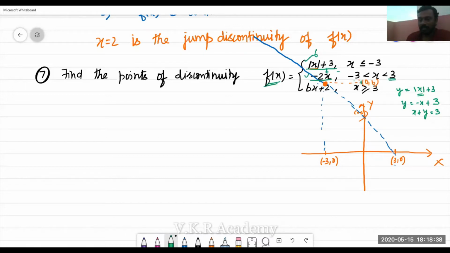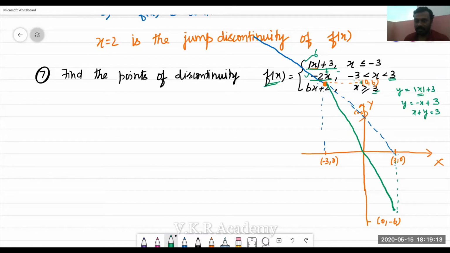Similarly at the point 3, you give 3 here, it takes minus 6. So minus 6 will be somewhere here, 0, minus 6. So this will be the graph of y equal to minus 2x, that is between the interval minus 3 and 3.